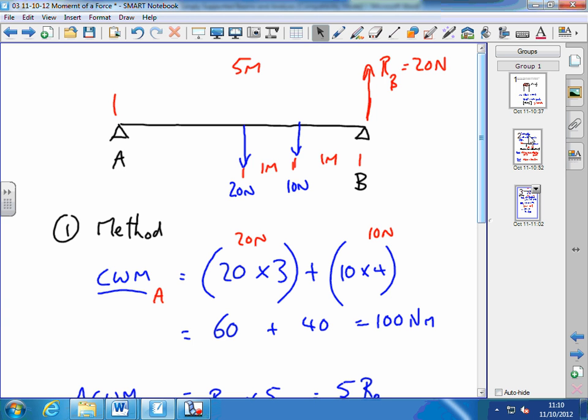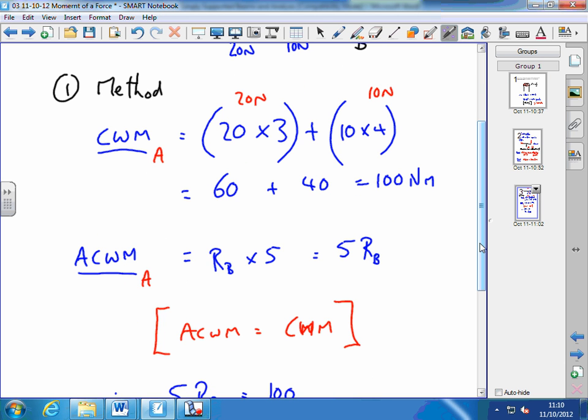Beware when you do it that you consider clockwise and anti-clockwise moments correctly. This time, if I consider it pivoted at B, then this 10 Newton force is going to try and turn it round anti-clockwise, isn't it? So what I want you to do is a similar method, add up all the clockwise moments and the anti-clockwise moments, and then try and calculate for me the reaction at A.